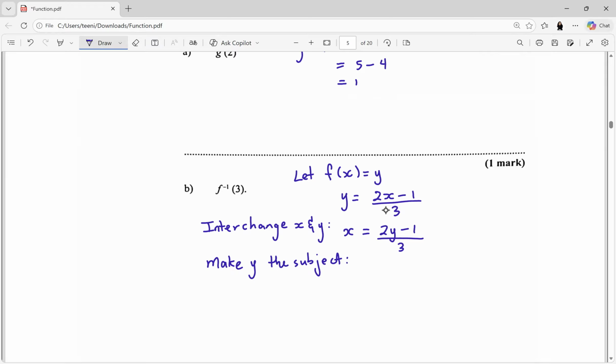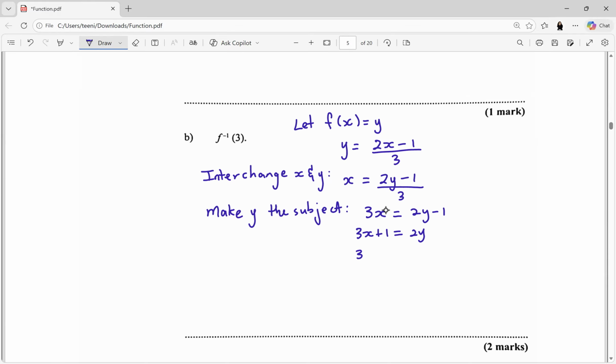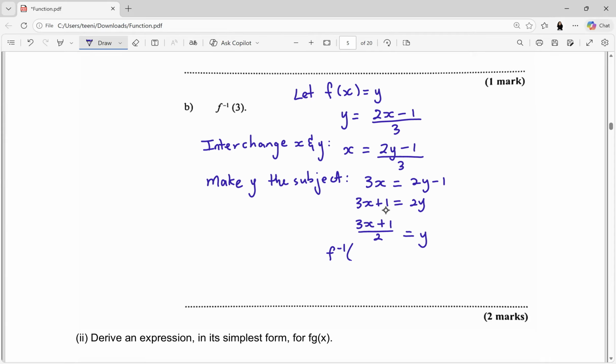Move 3 to the other side by multiplying. So that would be 3x is equal to 2y minus 1. And then 3x plus 1 is equal to 2y. So then y would be 3x plus 1 divided by 2. So f inverse of x would be equal to 3x plus 1 over 2.